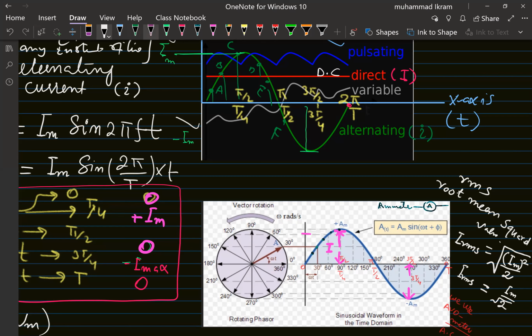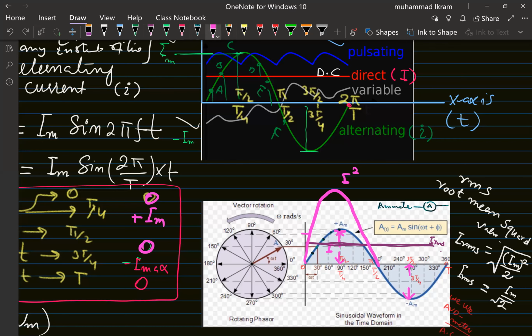And this I RMS value on the graph, I'll denote it just like this. This is the I RMS value. How? Look, if I apply this, first the I m square. If this is I m, then its square will be like this. So this is your I square.